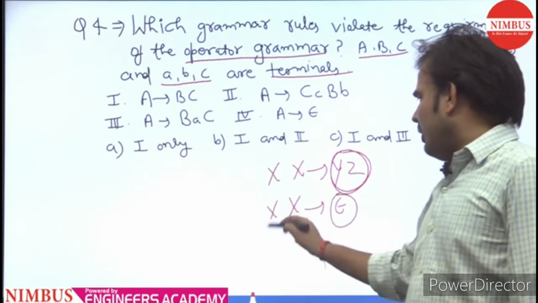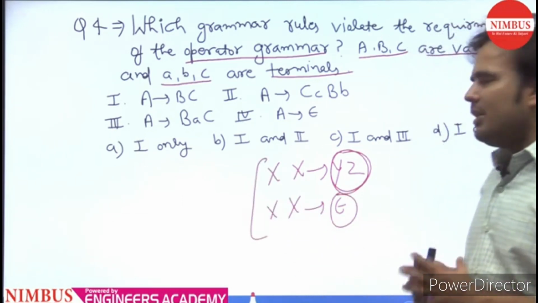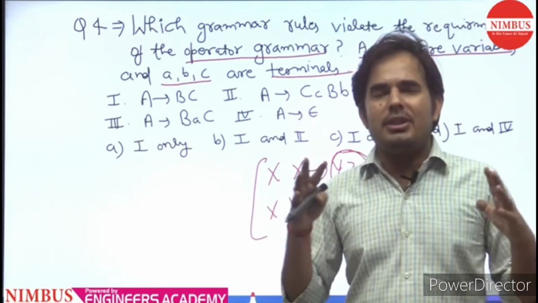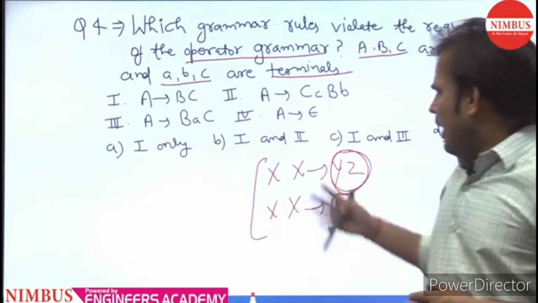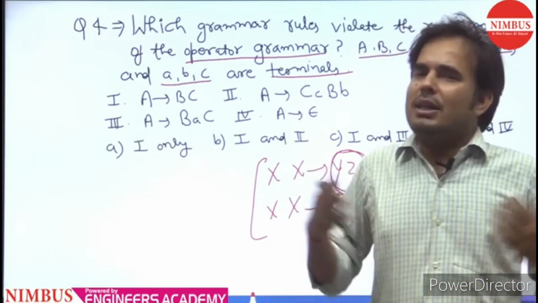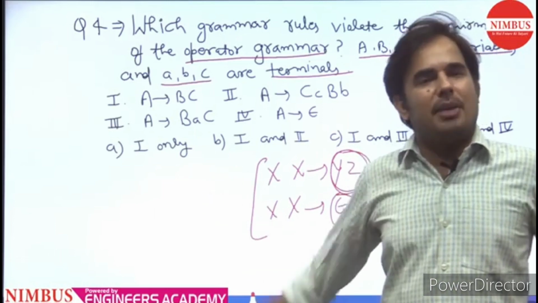If these two types of production are present in any grammar, then the grammar is not an operator precedence grammar. If they are not present, then the grammar is an operator precedence grammar.